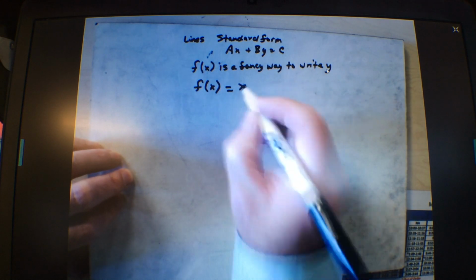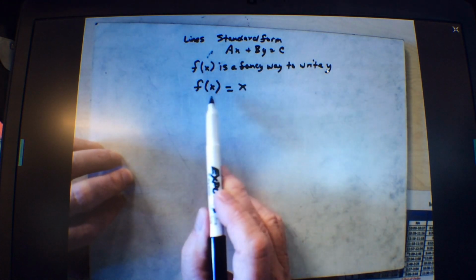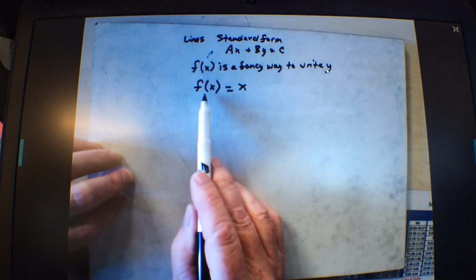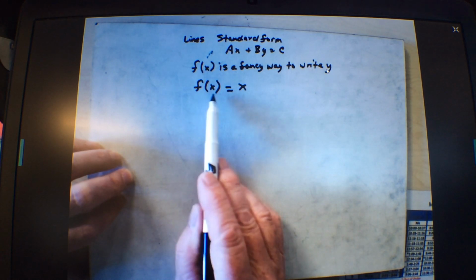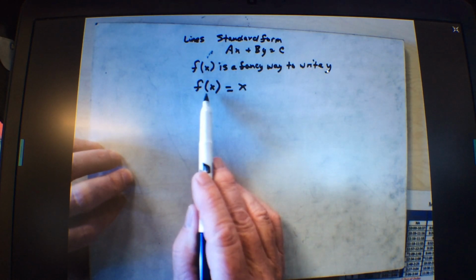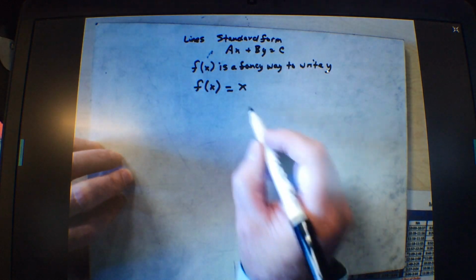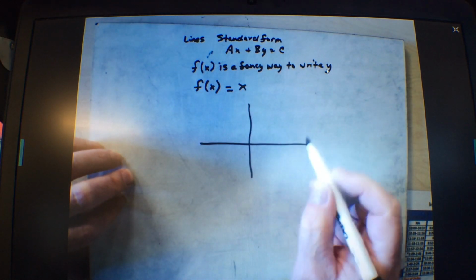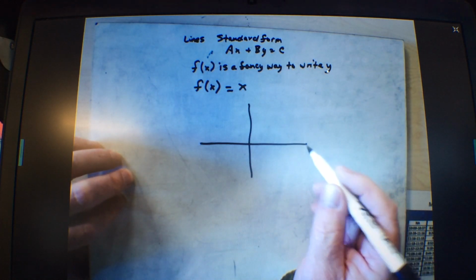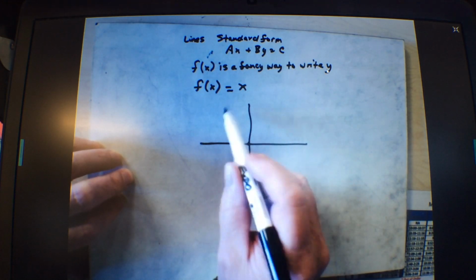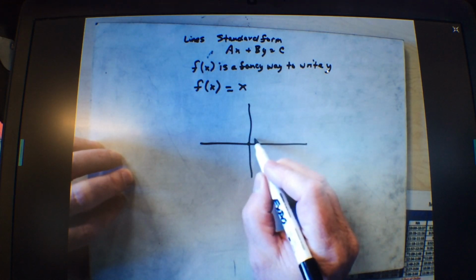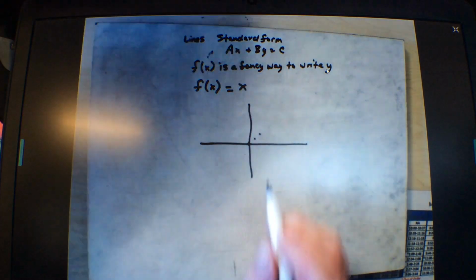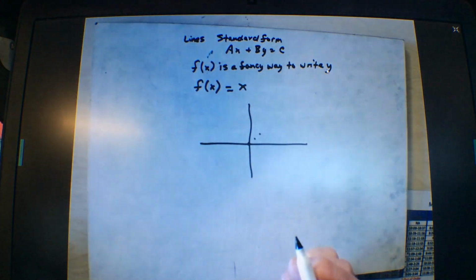Now, this is kind of confusing for students. They look at this and go, wait a minute. This takes the place of y, and this is y equals x. If you look at y equals x on a graph, it goes through 0, 0, it goes through 1, 1, it goes through 2, 2, and it looks like this line right here.